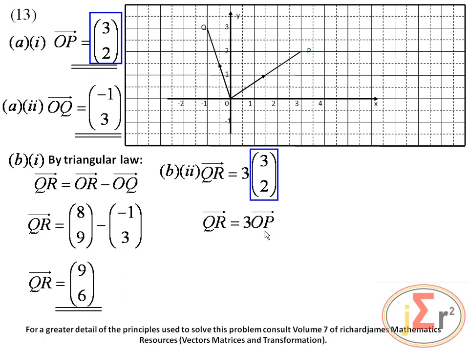So QR is equal to 3 times OP. And if one vector can be written as the product of the other and a real number, then those vectors are parallel. OP is parallel to QR because QR is 3 times OP.